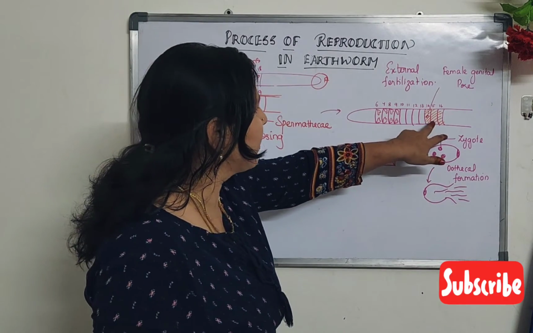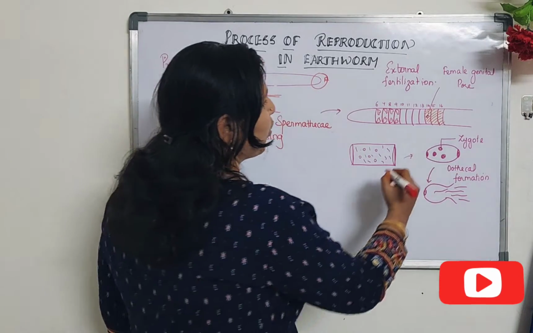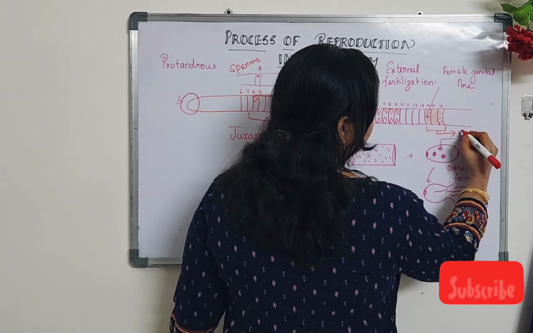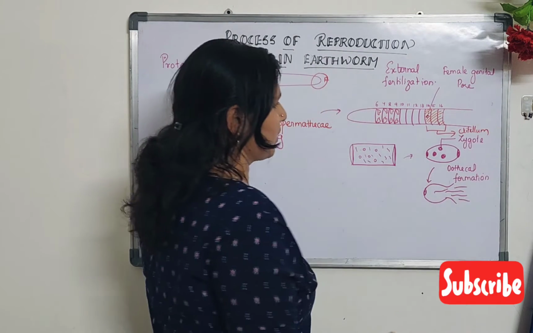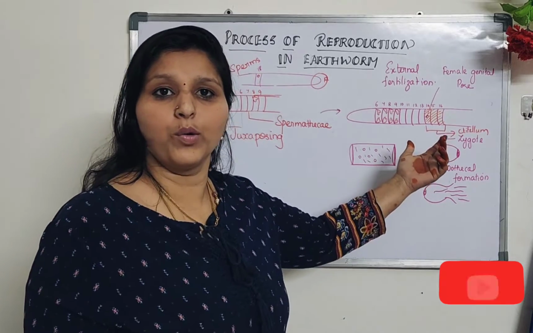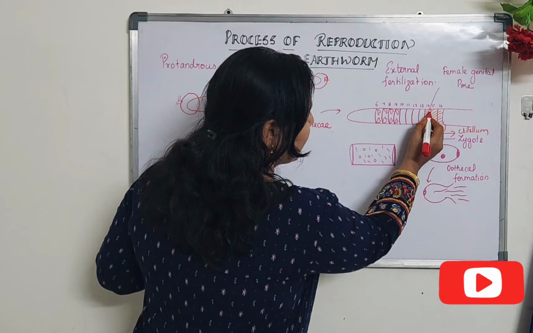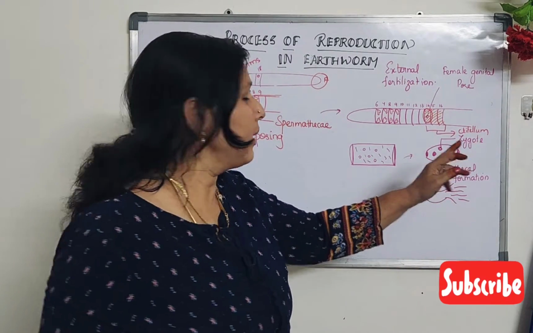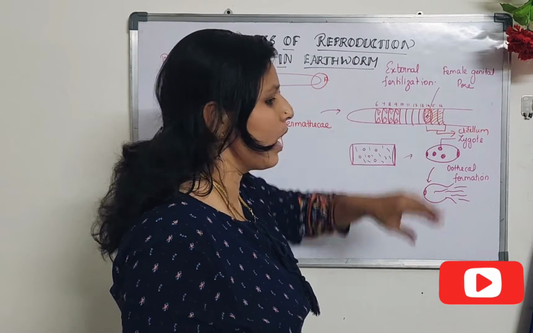Now, in the 14th, 15th and 16th segments, as you all know, there is a dense part which we call the clitellum. In the clitellum, the ova will be produced. At the 14th segment, you will find the ovaries, where the production of ova occurs.